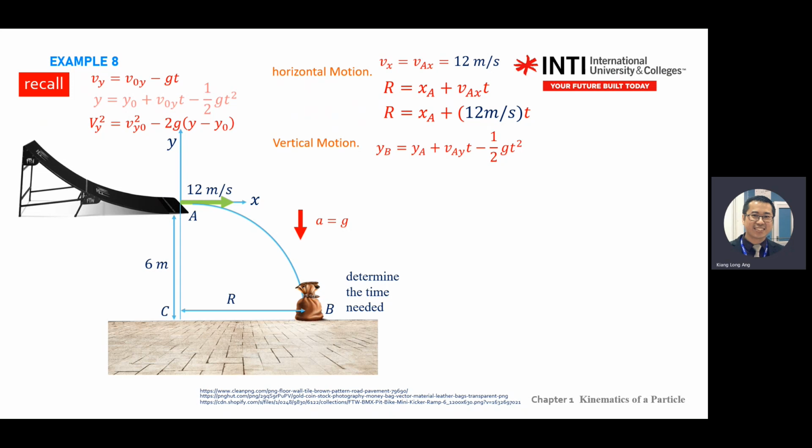So I start with the second one. I replace y, which is the final location in the y term, because we are looking at vertical now. Initial YO means the initial location in y position, which is YA here. Then you replace the initial velocity VOY here with VAY t minus 1/2 gt squared.